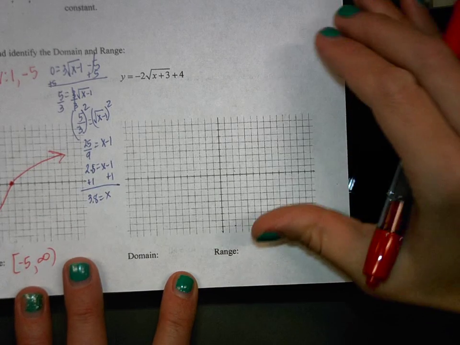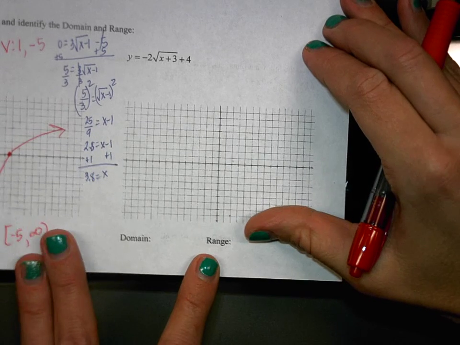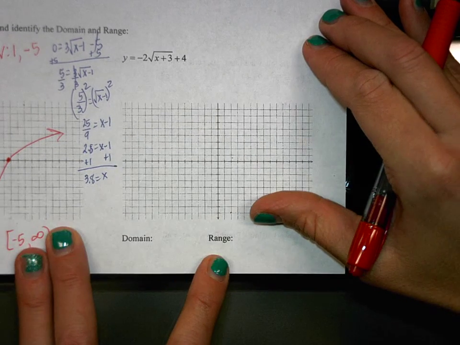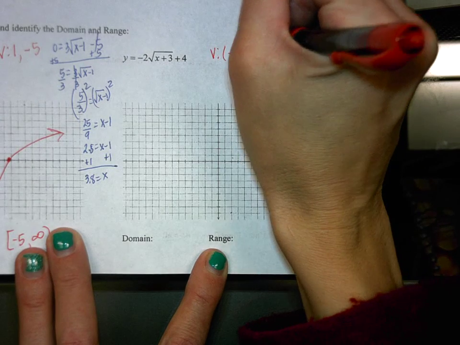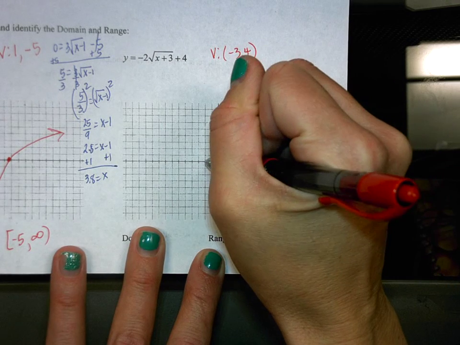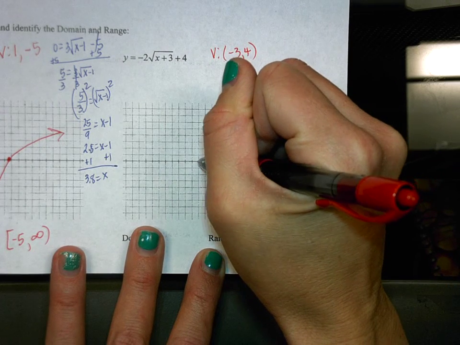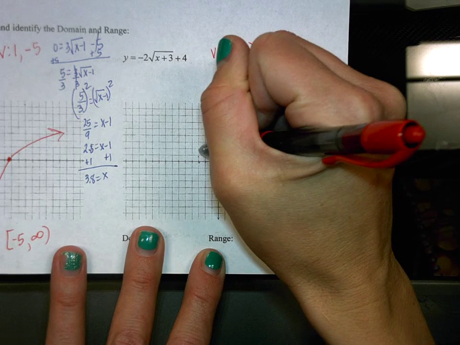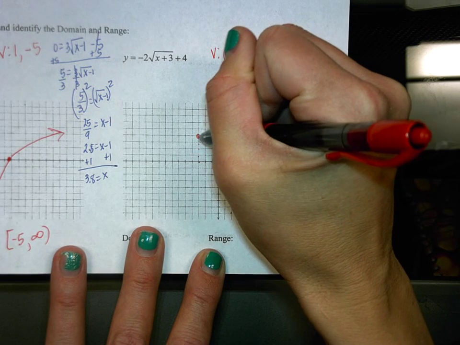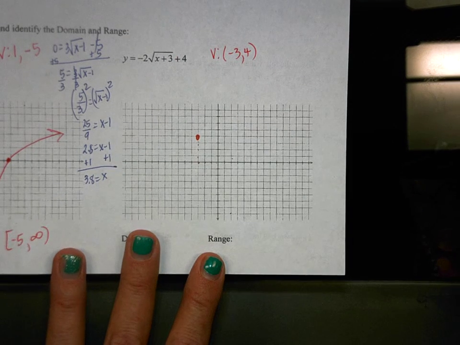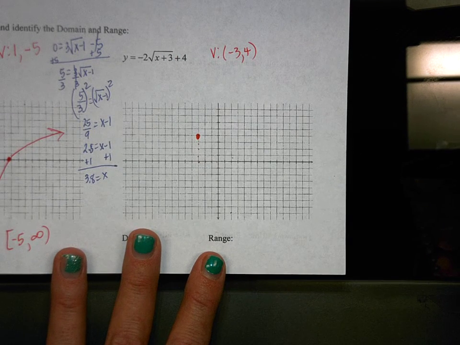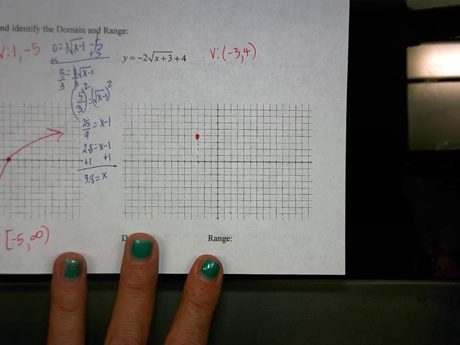Okay, so what is going to be my vertex on this equation? Good. And so we go left 3, and then up 4, and make our point. Okay, so where do you think is going to be another point that we're going to want?